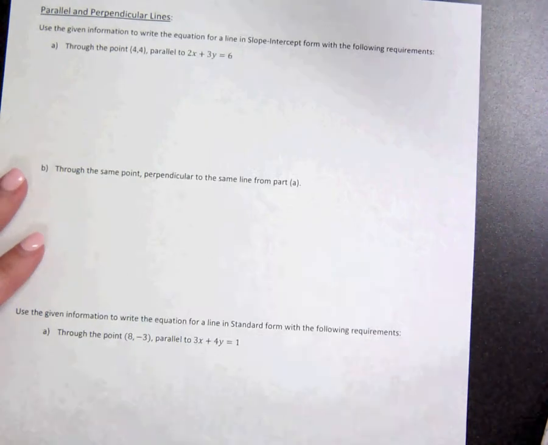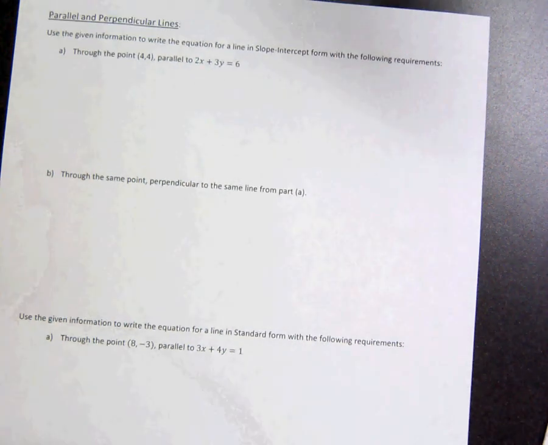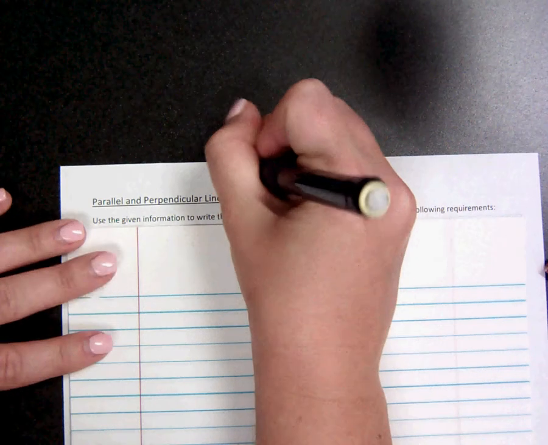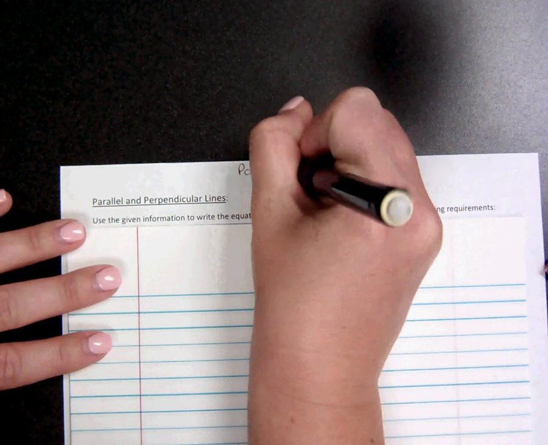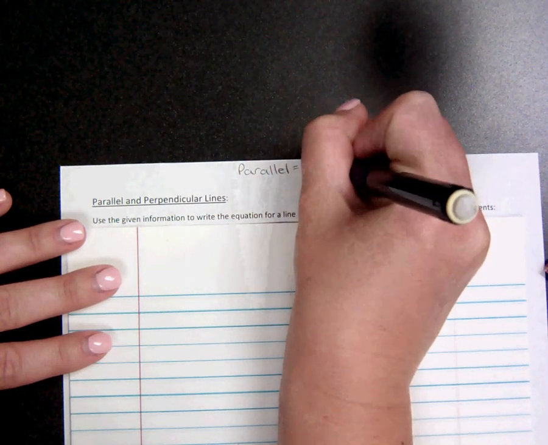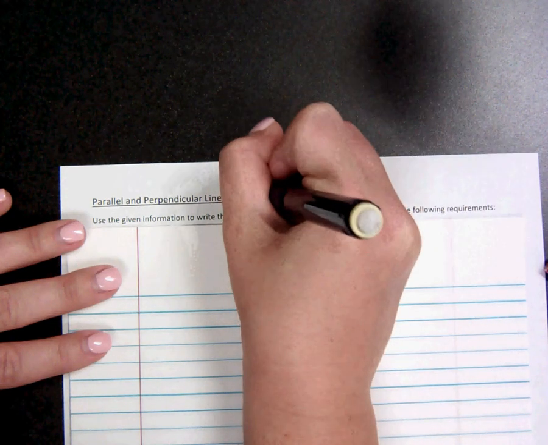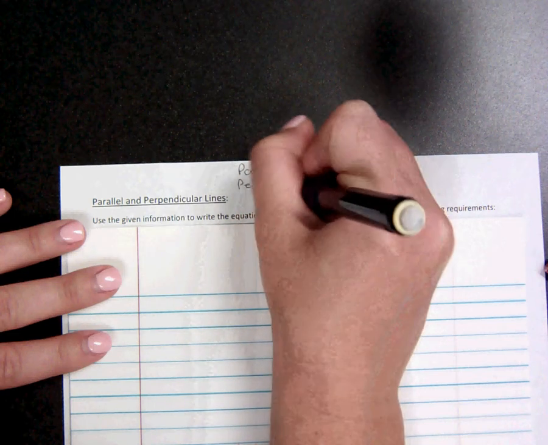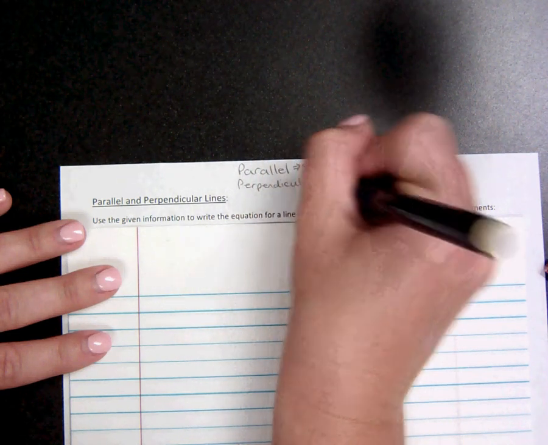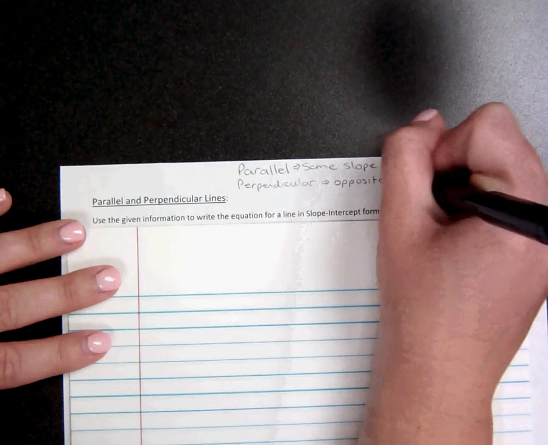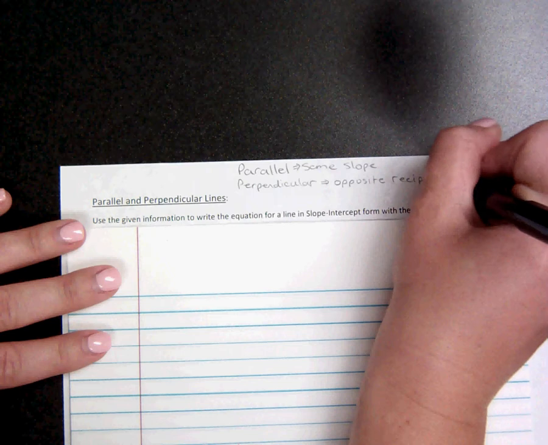And last but not least, we're going to talk just a little bit about parallel and perpendicular lines. So we've seen this before in the slope section. We know parallel lines have the same slope, and that perpendicular lines, a little bit more complicated, they have opposite reciprocal slopes.